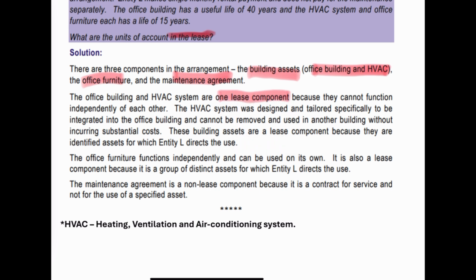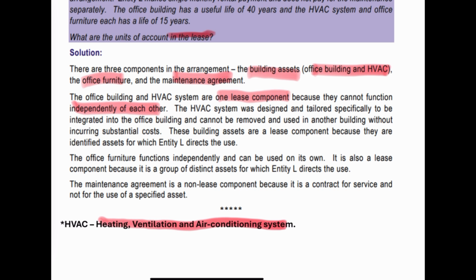Even though it's 2 identified assets, it's one lease component because they cannot function independently of each other. HVAC means heating, ventilation and air conditioning system. This is already installed into the building, so the building and HVAC system are inseparable. That's why it's a single component.